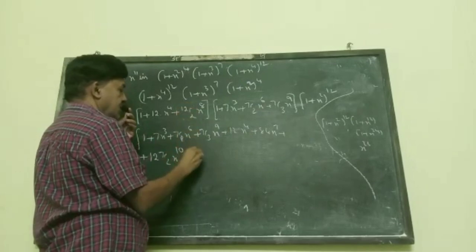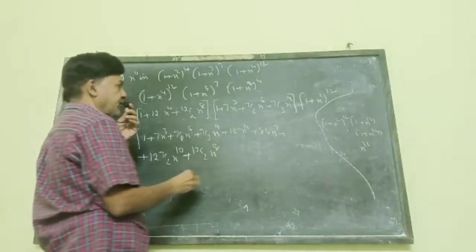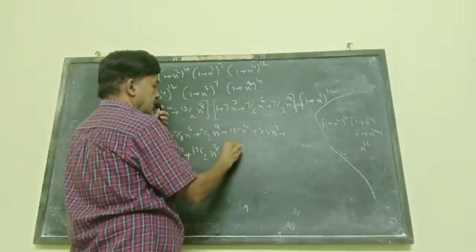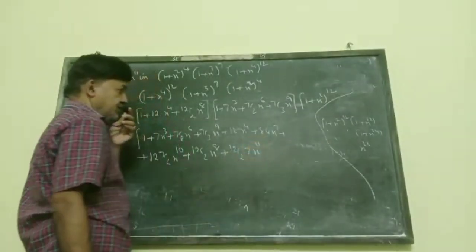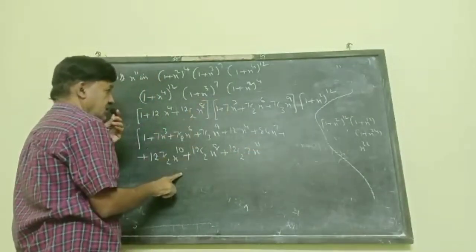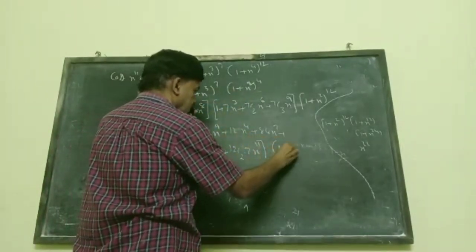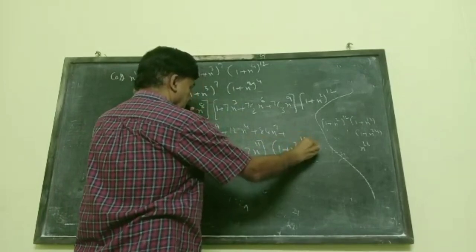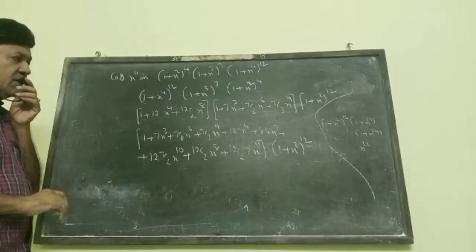Plus, take this, 12C2 into x⁸, plus 12C2 into 7 into x¹¹. This into this. Next you will get x¹⁴, not necessary, into (1 + x²)¹². Like this, so you can go up to x¹¹.